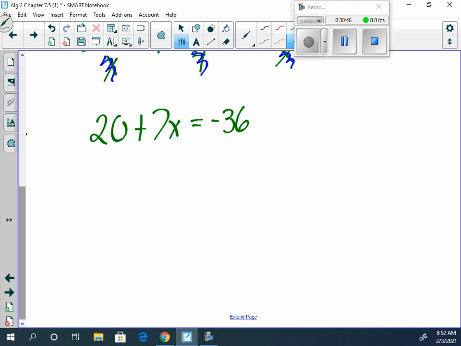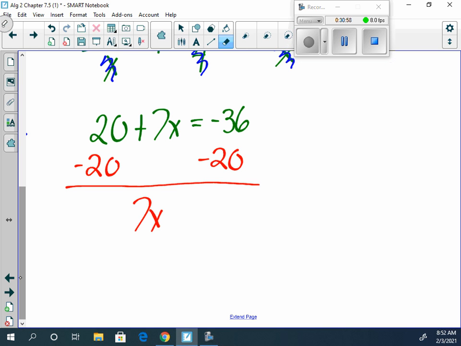Now, let's solve this here. Well, what do we need to do? All right, so 7x. So 7x would equal negative 56.